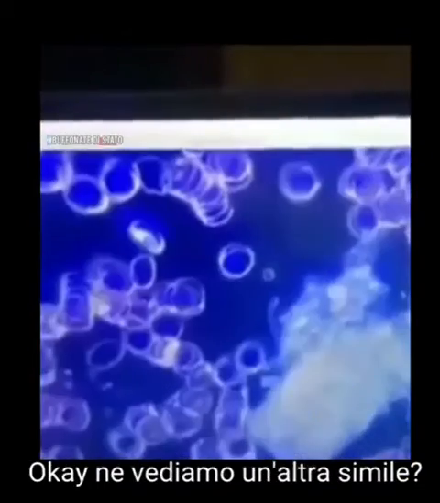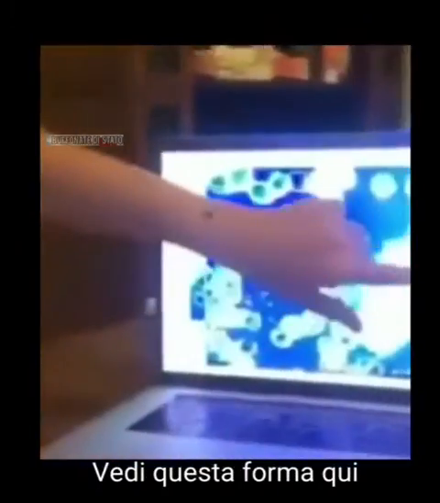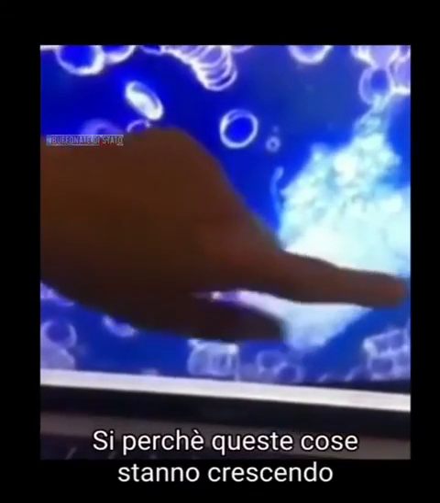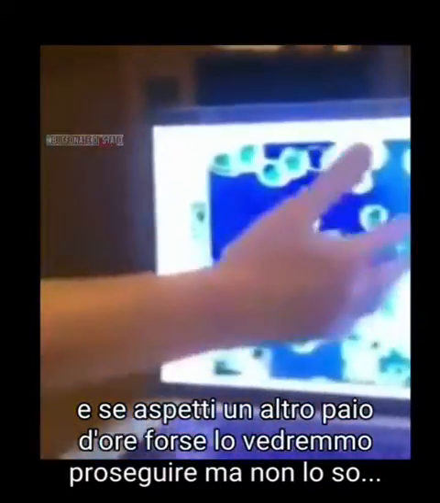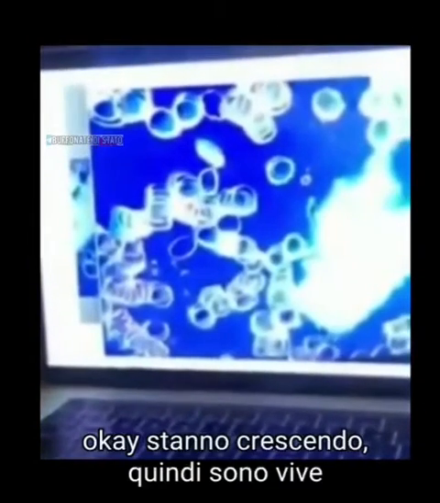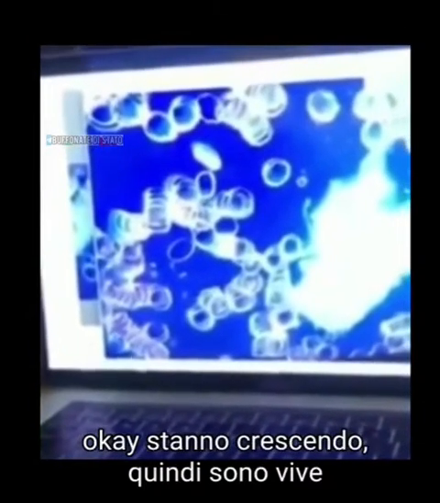Again, okay, what are we looking at? Yes, you see a similar thing. You see this thing with, again, things growing out of it. Growing? Yeah, because these things were growing. I mean, if you wait another couple of hours, there would be more. They were definitely growing. So they're alive.